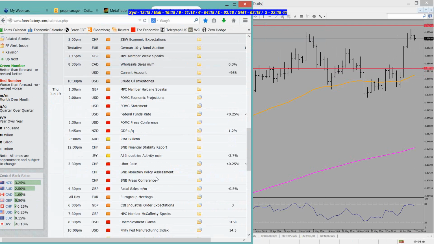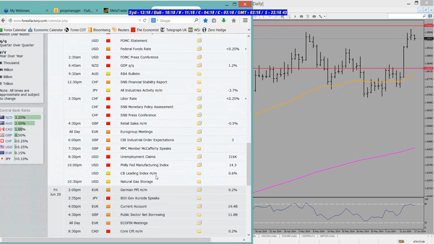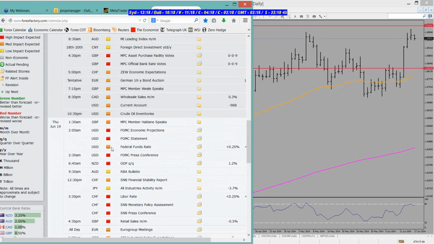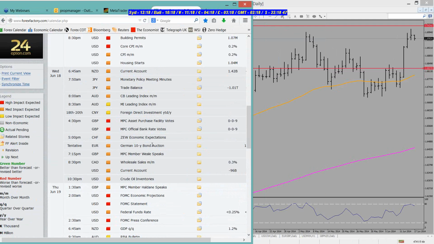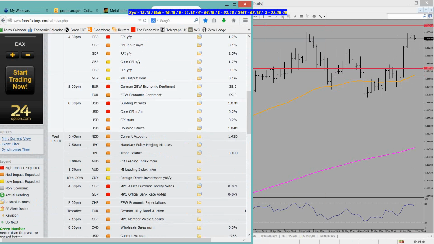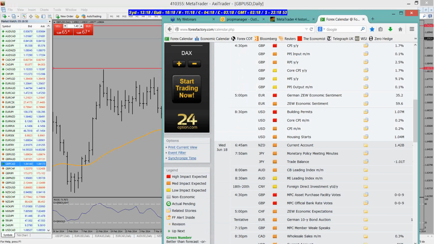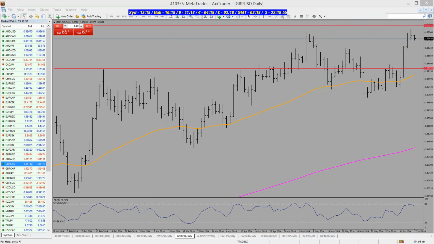And the Swiss National Bank that afternoon, that'll be the key driver of this week, along with Iraq and Russia. Price action will be a little bit more bullish on the US dollar, I would have thought. But be aware of the FOMC and possibly stay out of those until after Thursday morning.